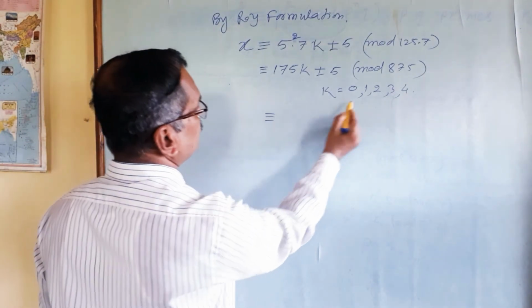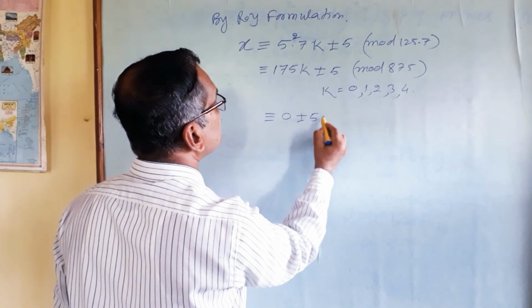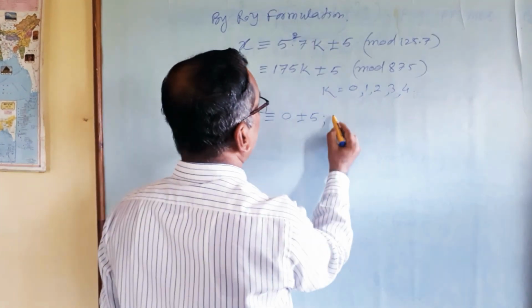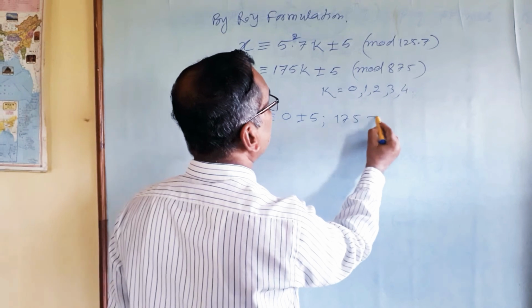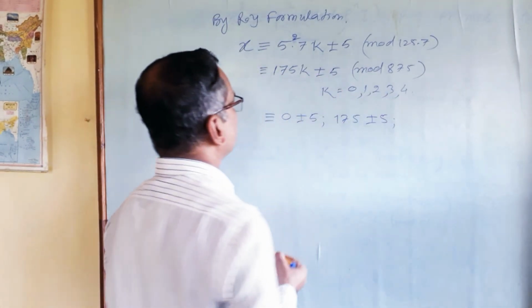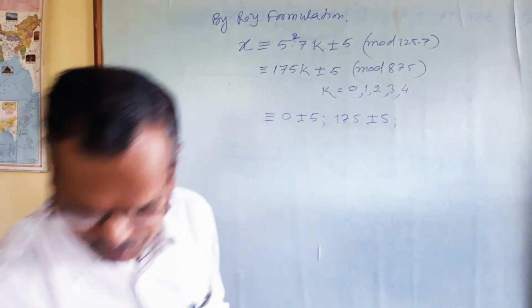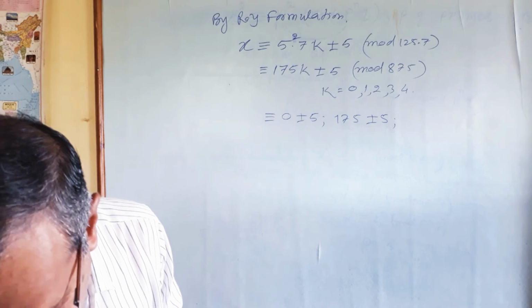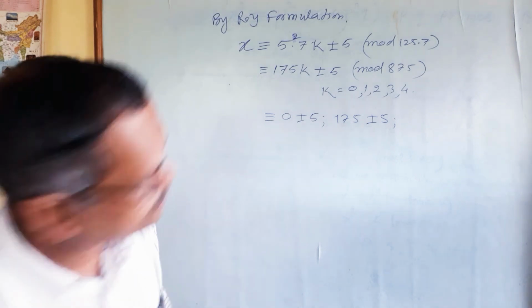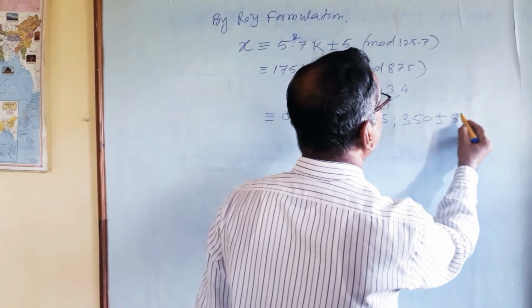For k equal to 0, it is 0 plus minus 5. For k equal to 1, it is 175 plus minus 5. For k equal to 2, 175 doubled is 350, plus minus 5.